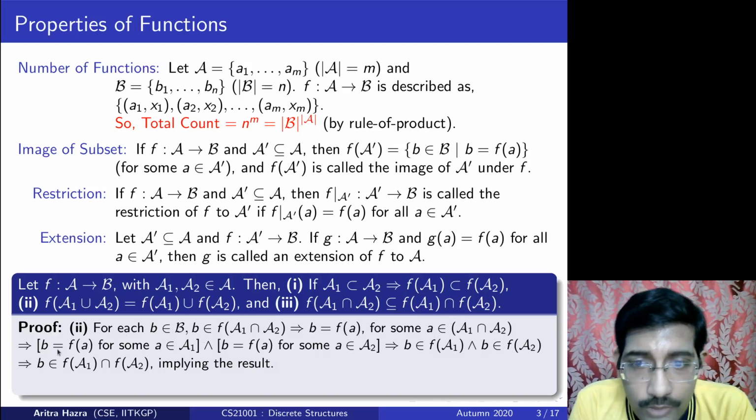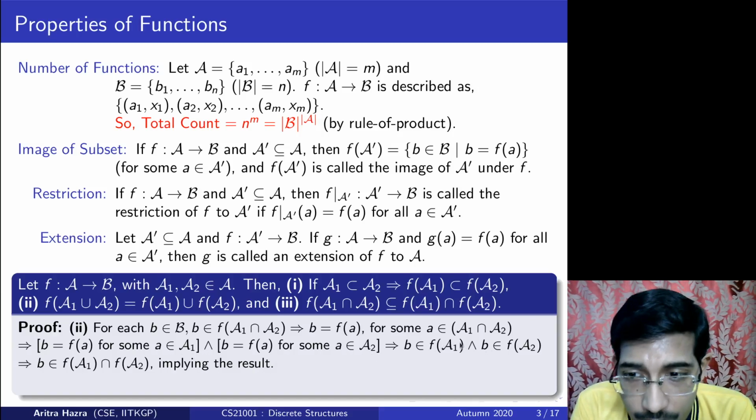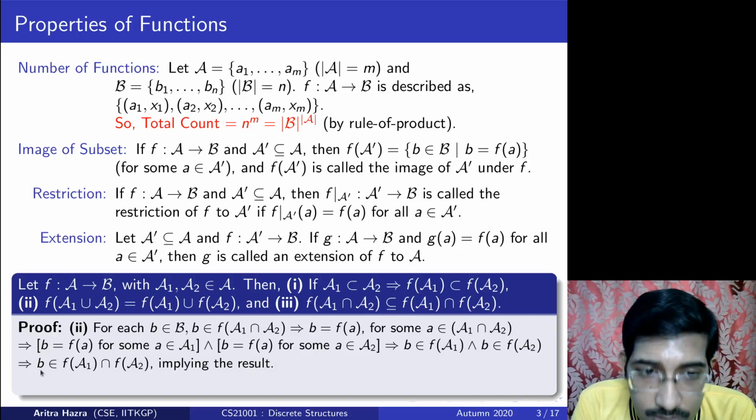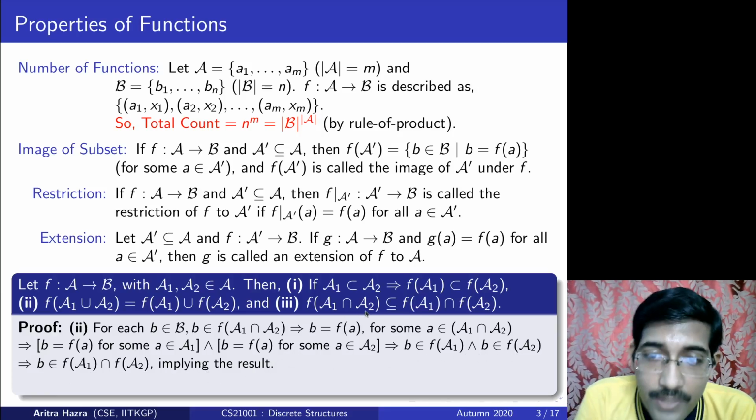So therefore we get B equal to FA for some A belonging to A1, and B equal to FA for some A belonging to A2. If we combine these together as per set theory, B belongs to FA1 intersection FA2. Remember, FA1 is the image of A1, it's a set, and FA2 is a set. So this intersection is basically this formula, which implies the result.